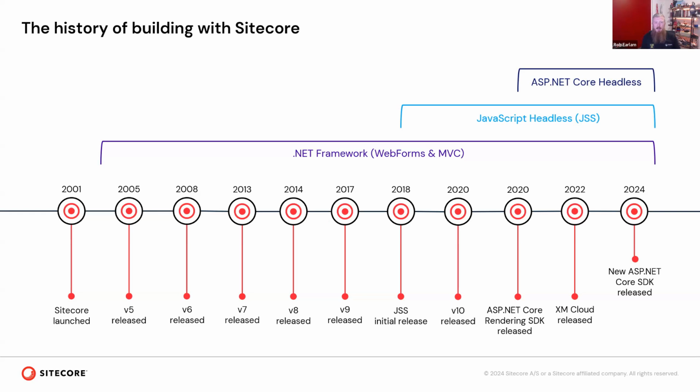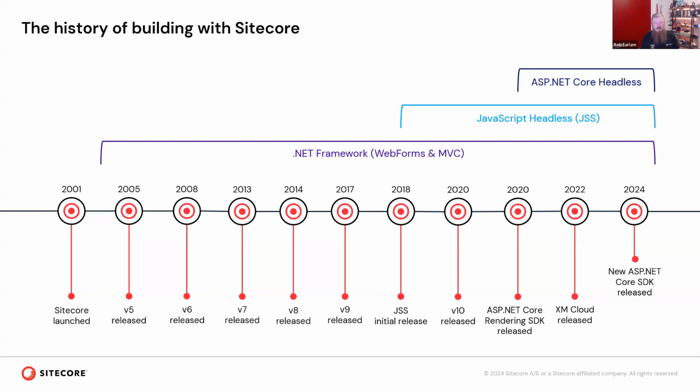We launched XM Cloud then in 2022. And that was the first product we actually launched where it was primarily JavaScript. And that's what I'm talking about with it being an outlier. You could use the ASP.NET Core SDK. It wasn't that smooth, though. It wasn't kept up to date with the latest XM Cloud releases. It was really only Next.js that had that full XM Cloud support.